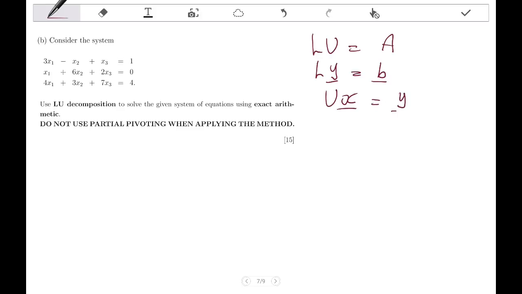So it's what we are going to use now to calculate the solution of this equation. So when using LU decomposition, we're going to use the forward and then the backward substitution.